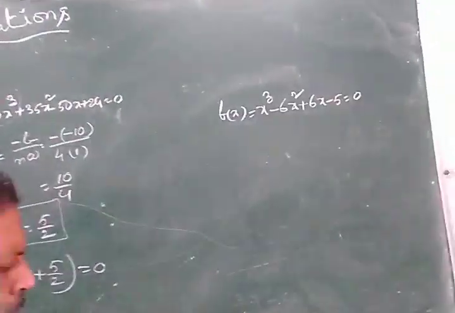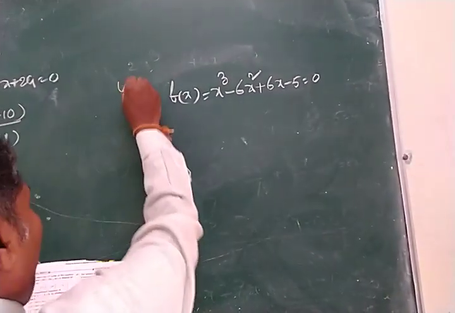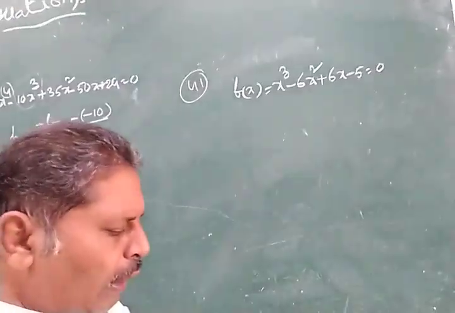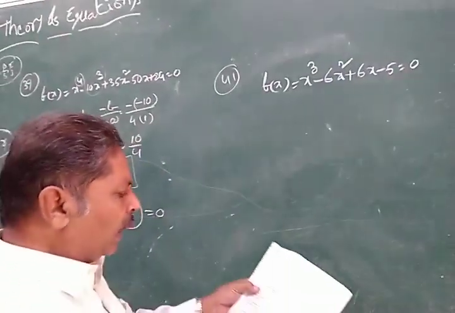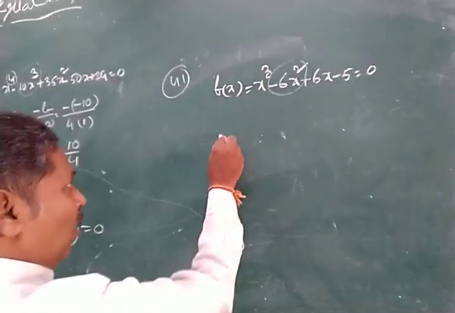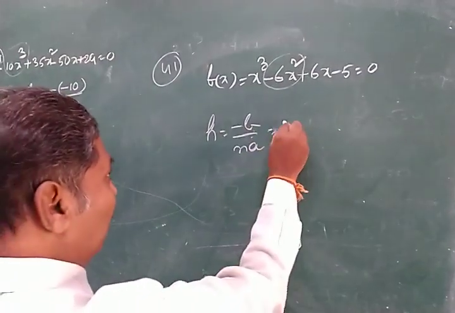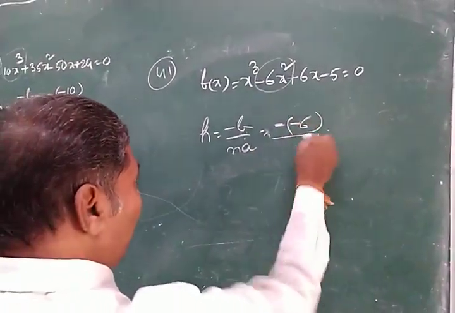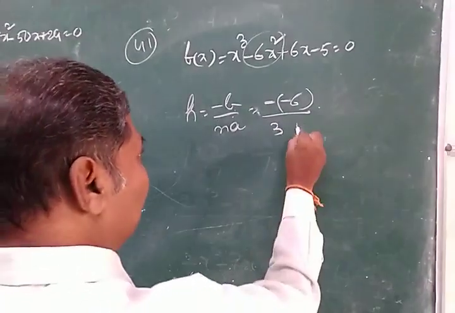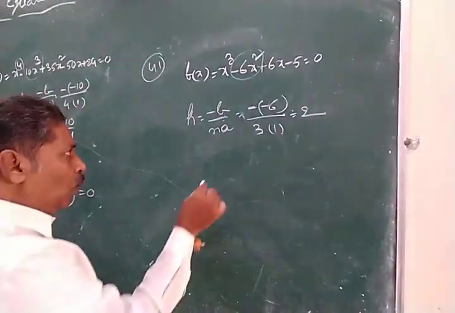Next, bit number 41. So increased by k. To remove the second term, similarly h equal to minus b by na, minus of minus 6 by 3 into 1 equal to 2.